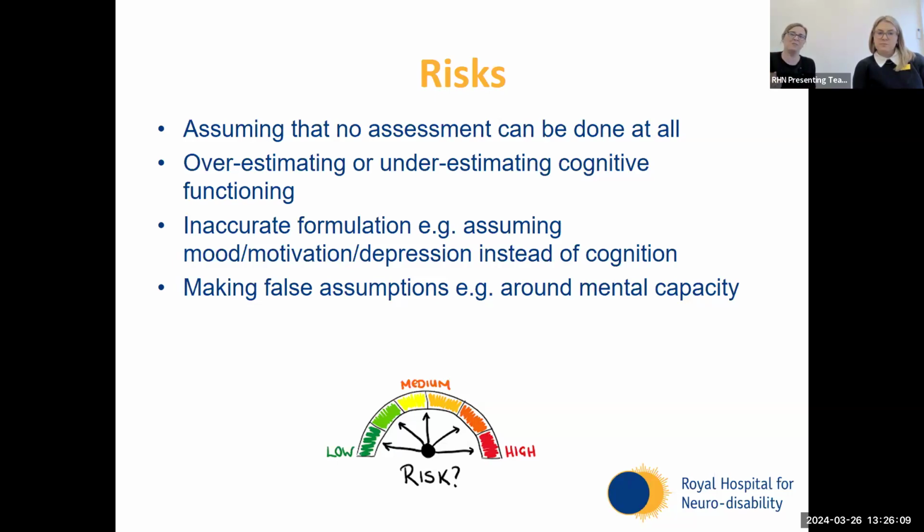So we've got to have that really good understanding of cognition to make sure we're doing those assessments properly, so that our patients are empowered to make their own decisions wherever possible and supported to understand the risks and the consequences of those decisions. And as we mentioned earlier, an important part about assessing cognition is to optimize rehabilitation. So if we haven't done it, then we're going to fail to optimize it.